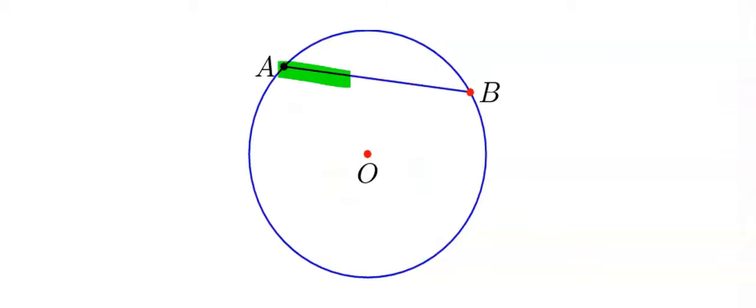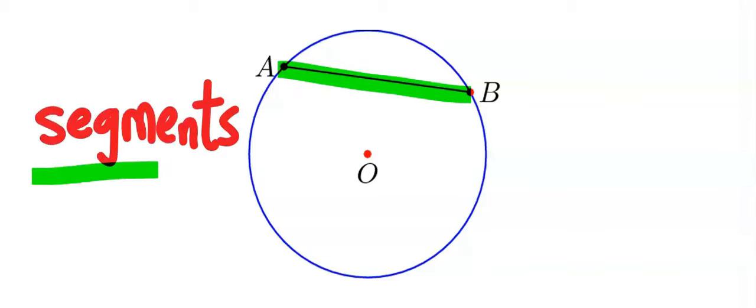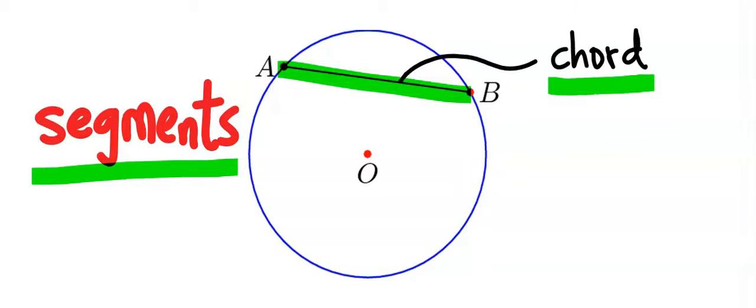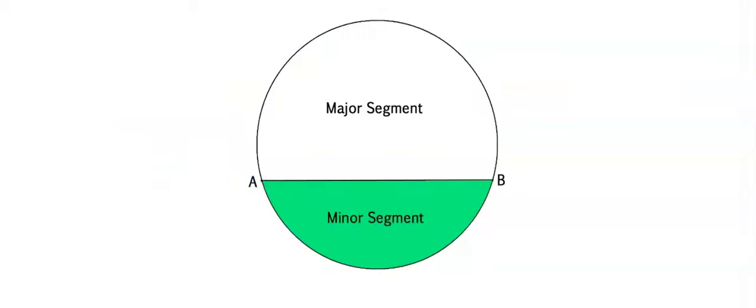That is, this chord has divided this circle into 2 different parts, known as segments, because a chord is involved. The circle is now divided into a major segment and a minor segment.